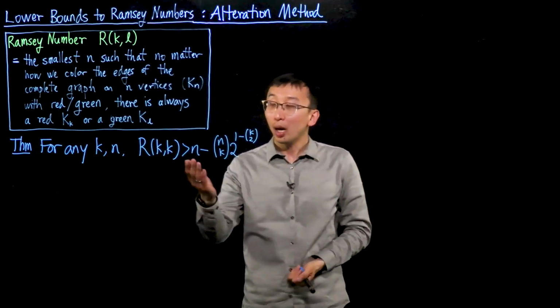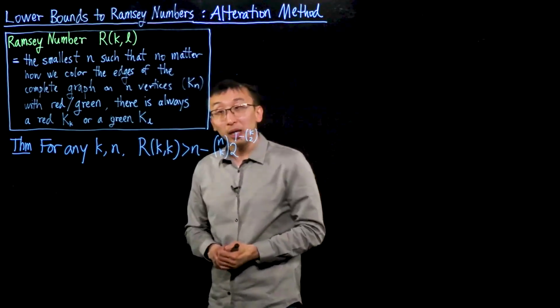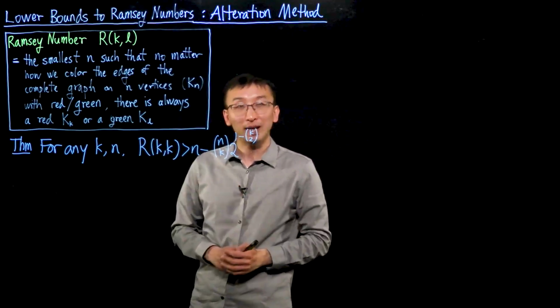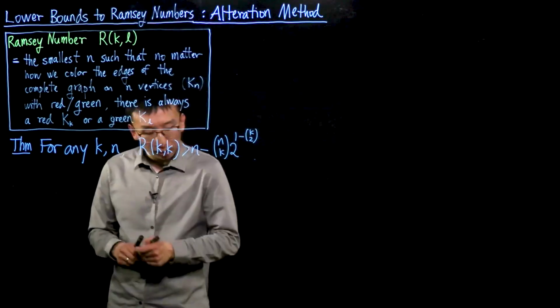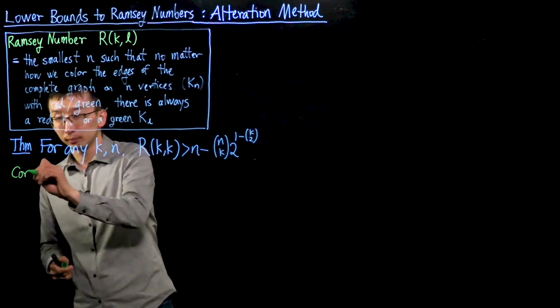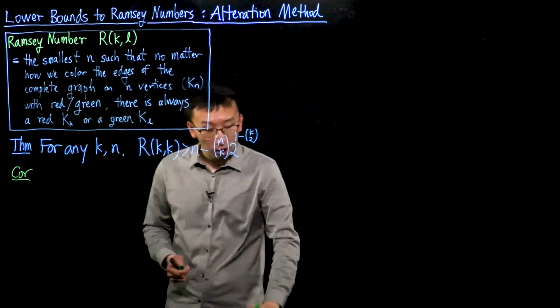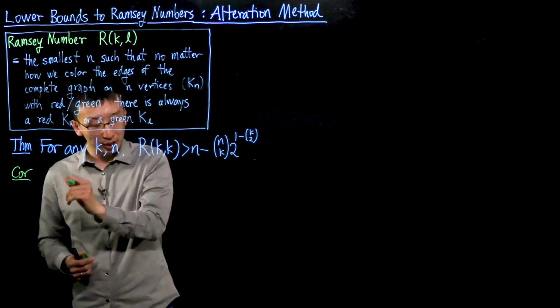Now, by optimizing the value of n as a function of k, we can deduce the following corollary. And I will not show this deduction here because it's a more routine calculation.